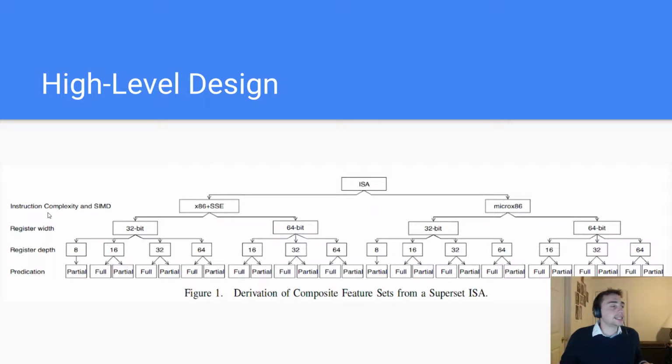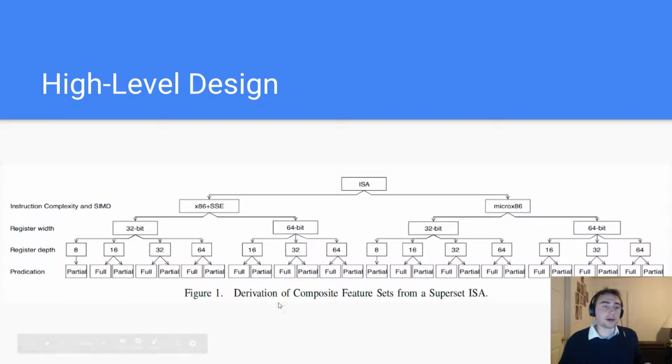And then they break it down into, okay, does it have SIMD or does it not have SIMD? And are they complex instructions or more simple instructions? And so that's where we get this x86 plus SSE versus micro x86. And then this gets broken down into the other categories we talked about. So are they 32-bit or 64-bit registers? How many registers? And then whether they have partial or full predication.